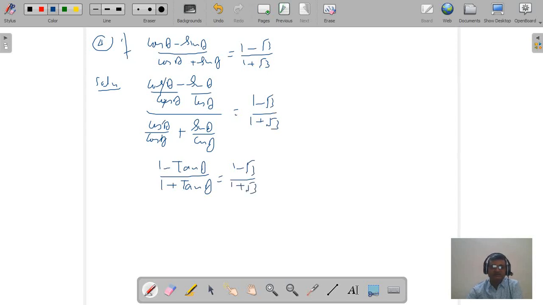So you can compare that tan theta is root 3, and this is nothing but 60 degree. So you have to solve this question like this also.